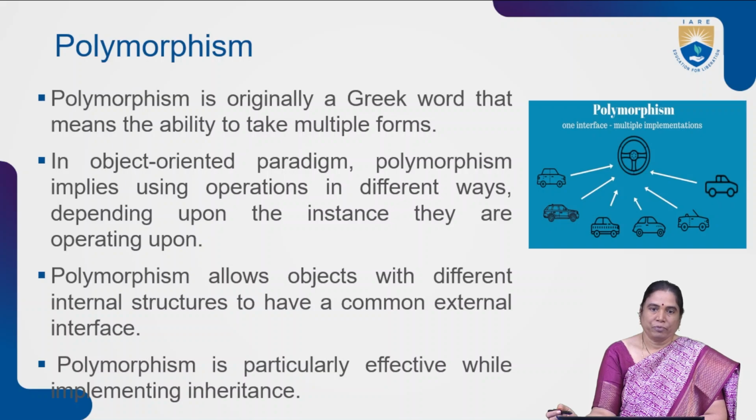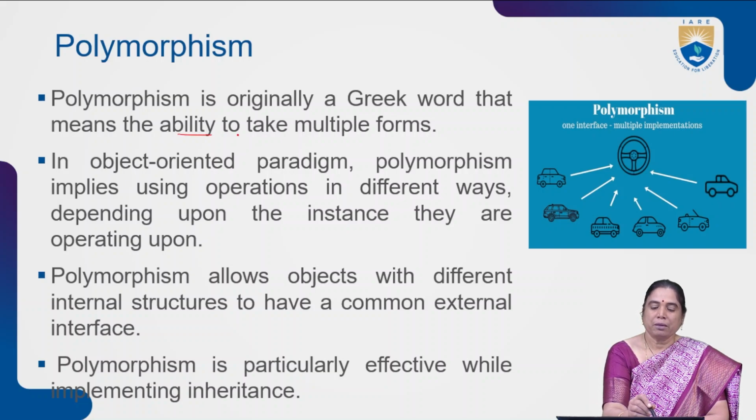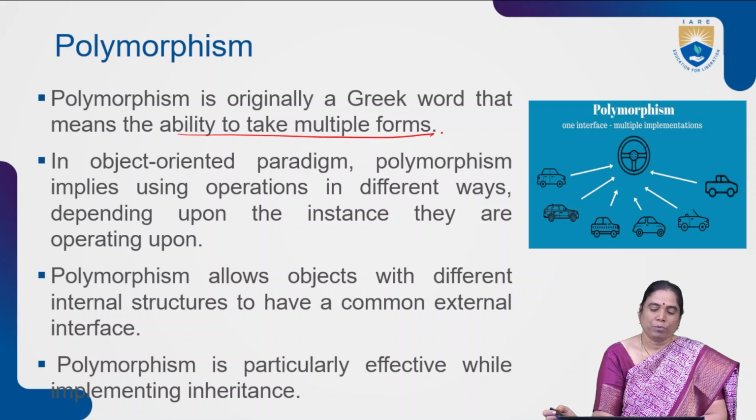Next is polymorphism. This principle is originally derived from a Greek word which means the ability to take multiple forms. Consider an example. The steering can be used in many forms or in many vehicles.